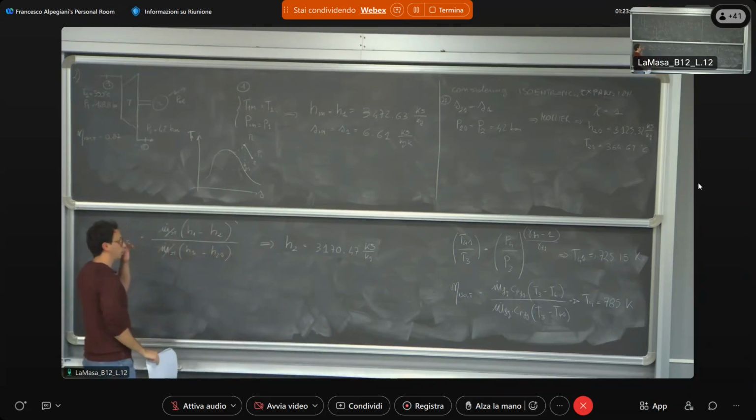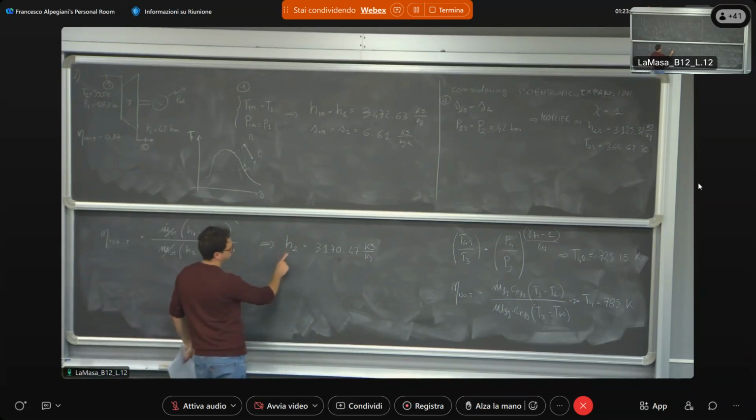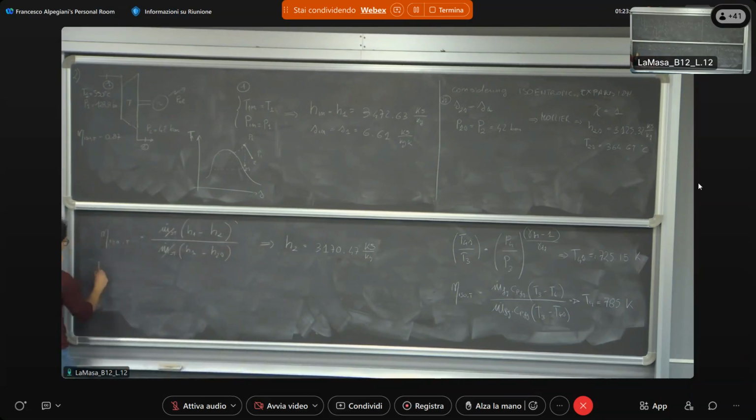Now, in point number 2, you know the enthalpy and the pressure. So for point 2, H2 and the pressure are known.